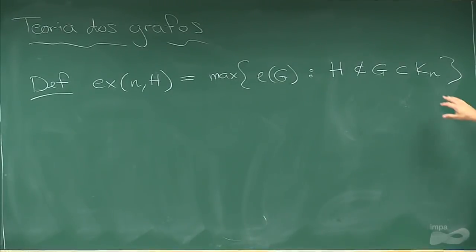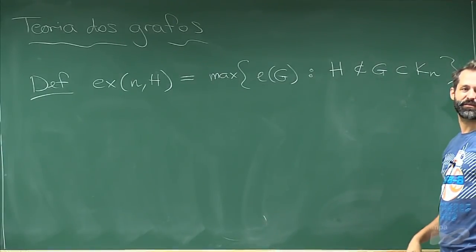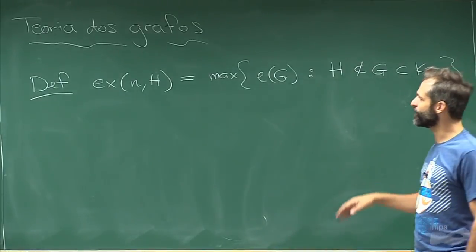So this is the complete graph on n vertices. It's got n vertices and n choose 2 edges. G as a subgraph means that it's got n vertices and fewer edges, so just some of the pairs are edges. And H is not contained in it means you can't find a copy of H. So let's think of a simple example.